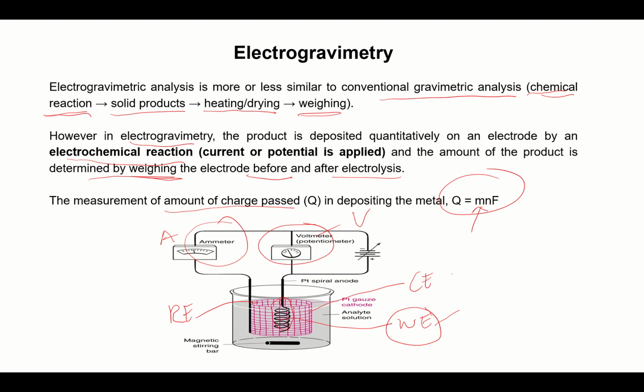So the formula is similar to coulometry, but it involves the measurement of mass deposited on the electrode. So M refers to moles. Moles is mass over atomic mass or molar mass. So you will know the mass produced or deposited on the electrode, then you can find the moles reacted from the electrolysis.